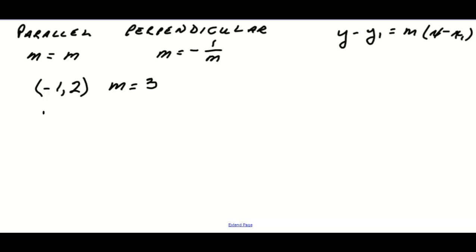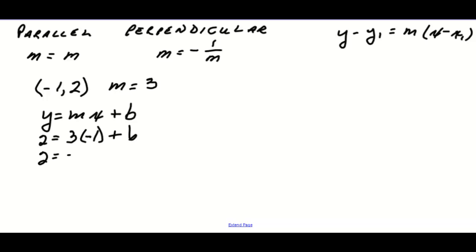If I use y equals mx plus b, then all I do is substitute in. Y is 2, m is 3, x is negative 1, plus b. I have 2 equals negative 3 plus b.